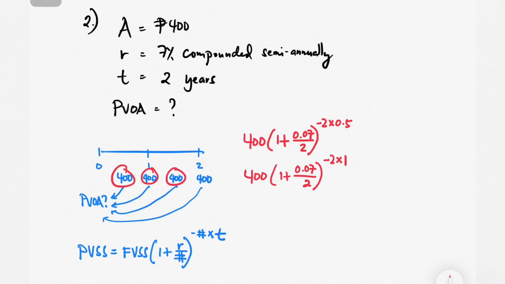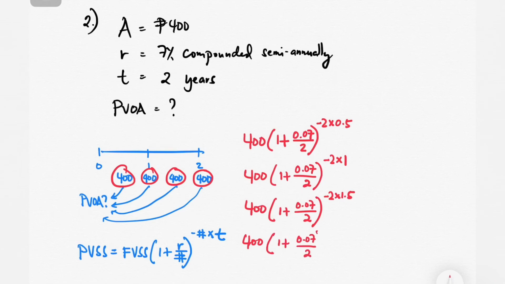Then we'll have this one, 400. We multiply the number of compounding periods by 1.5 because you will be returning for 1 year and a half. And then the last one, so for this one, the time is 2 because you will be returning for 2 years.